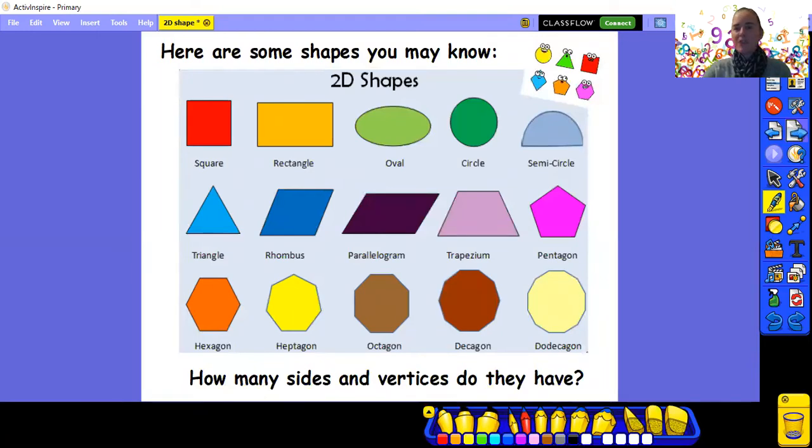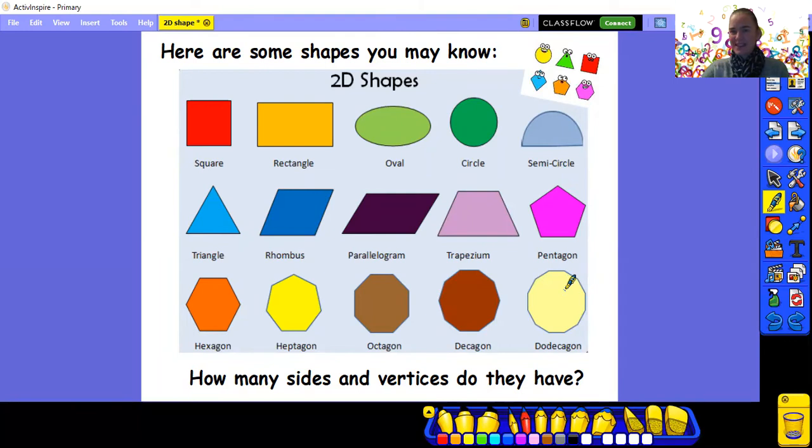So I've got some more shapes that you might know. So let's just say them out loud. Let's name them. So copy me. Square, rectangle, oval, circle, semicircle, triangle, rhombus, parallelogram, trapezium, pentagon, hexagon, heptagon, octagon, decagon, dodecagon.